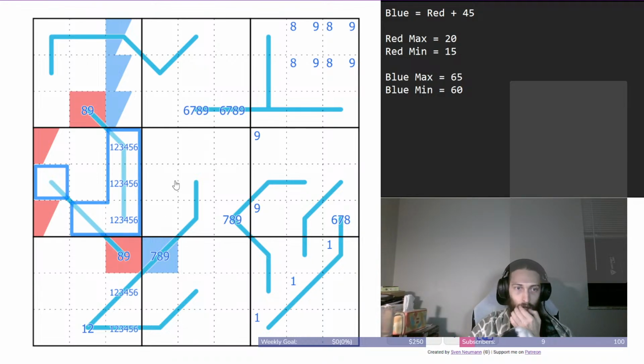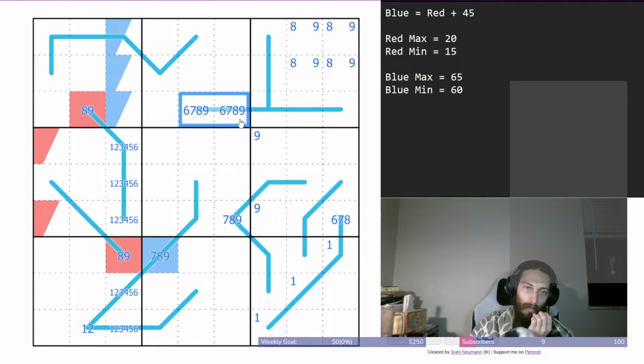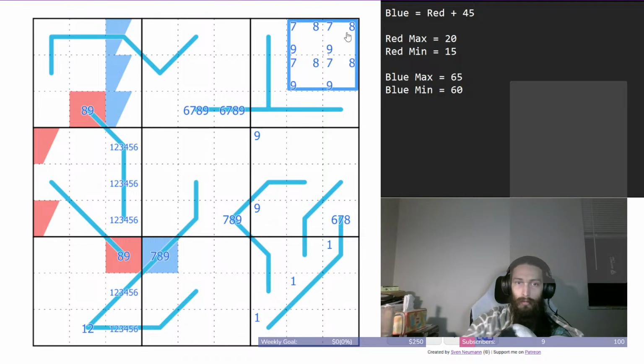So it's too little. So now this cannot be an 8-9 pair. So its max is now 16. Which means I can't put a 7 on here.